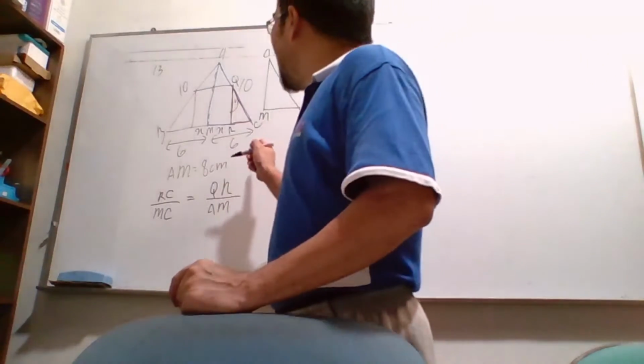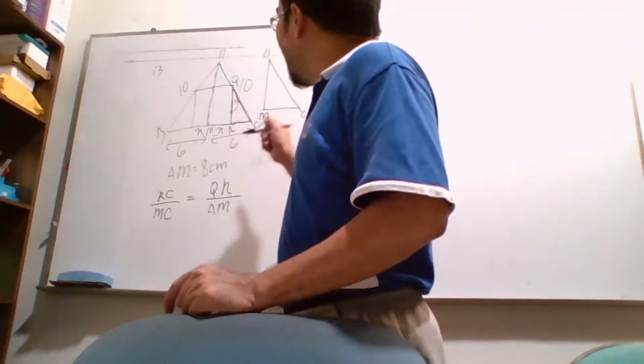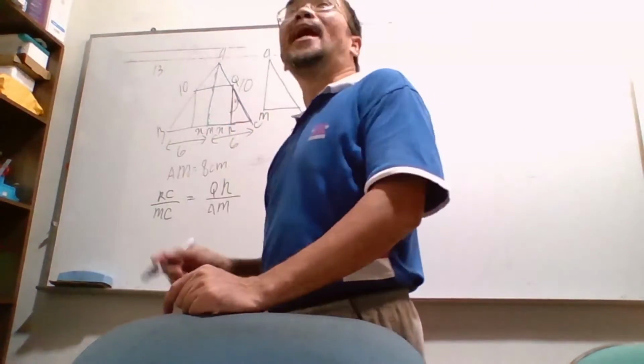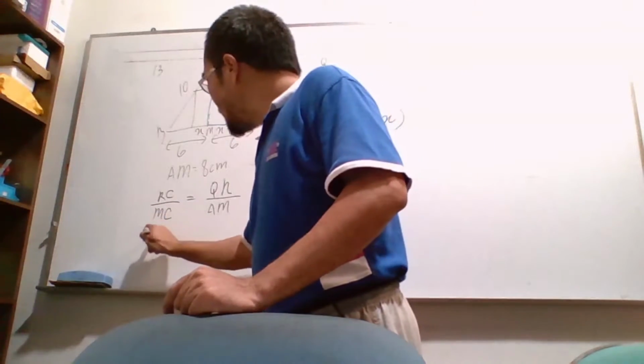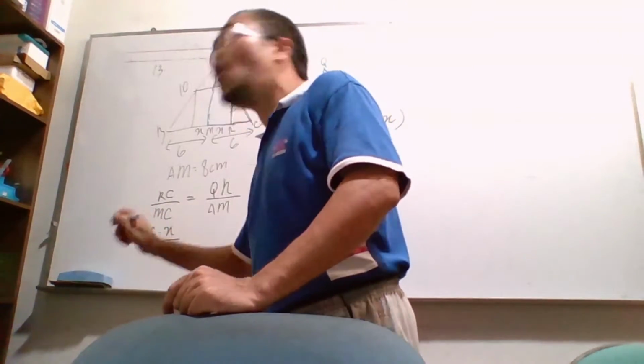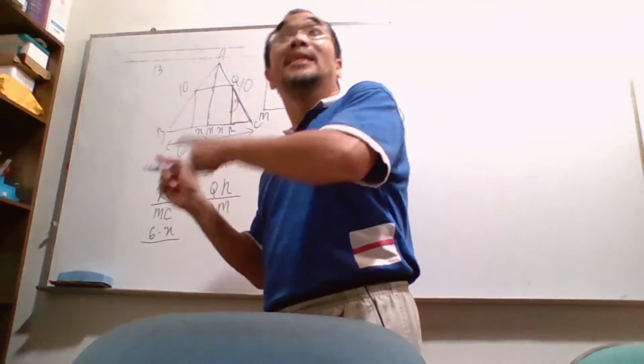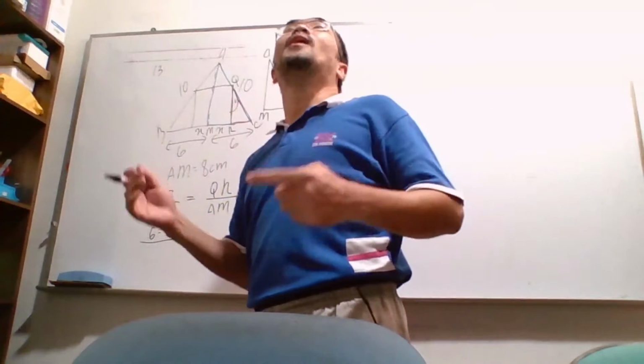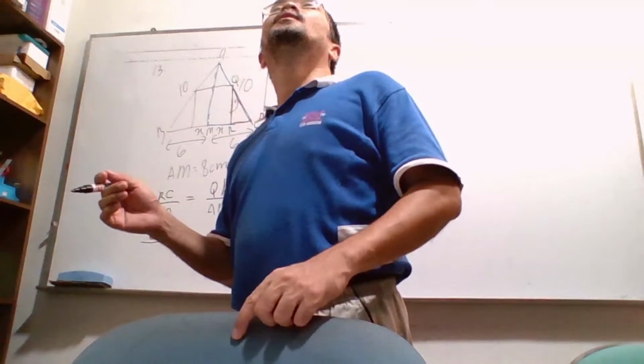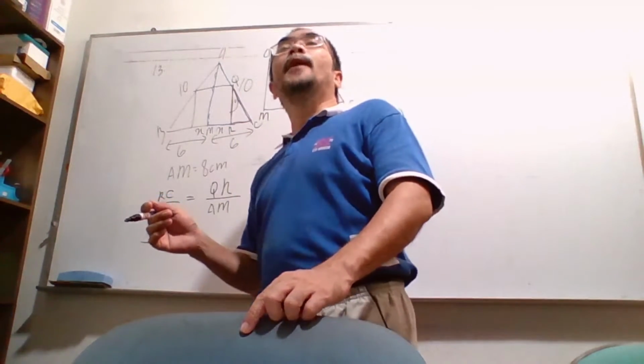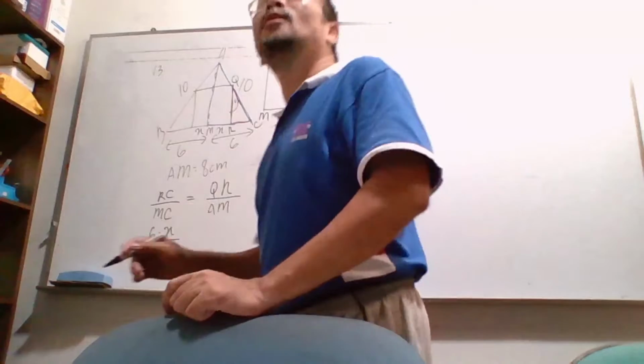So what is RC in terms of x and y? That is 6 minus x. If you do not understand or are confused, just interrupt me right now, okay? Okay, who is not here? I think it's only the four of you.